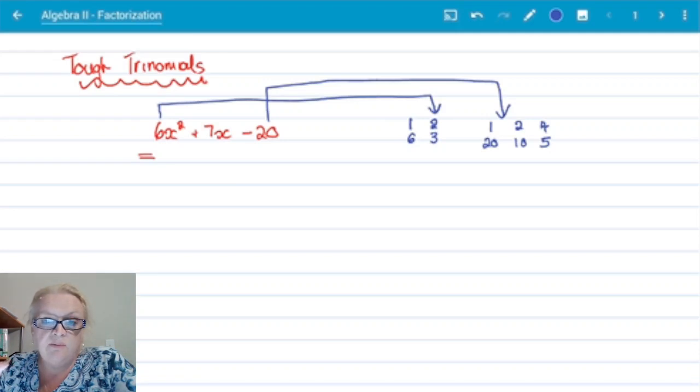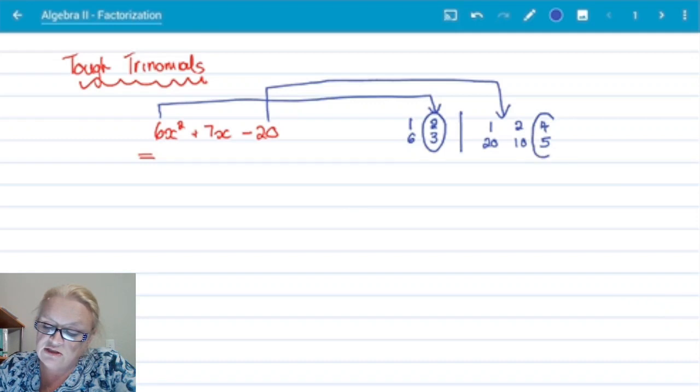I'm writing down the pairs that are factors of those two numbers. Okay. Now what we're going to do is we are going to choose the two that are closest together. That means that 2 is closer to 3 than 1 is to 6. And 4 is closer to 5 than 1 is to 20.